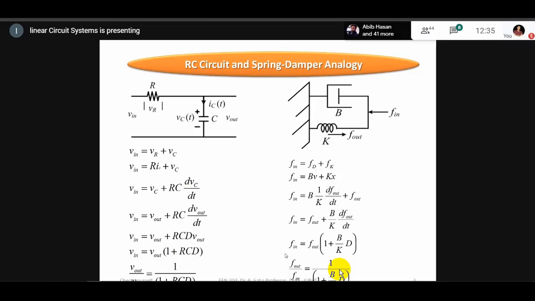We always need to find the transfer function because it defines the output and input relationship in this topic. But the transfer function can be different, depending on case to case. What do you want to control? If you want to control output, then output by input. If you want to control some part of the current, then that part of the current divided by input current.